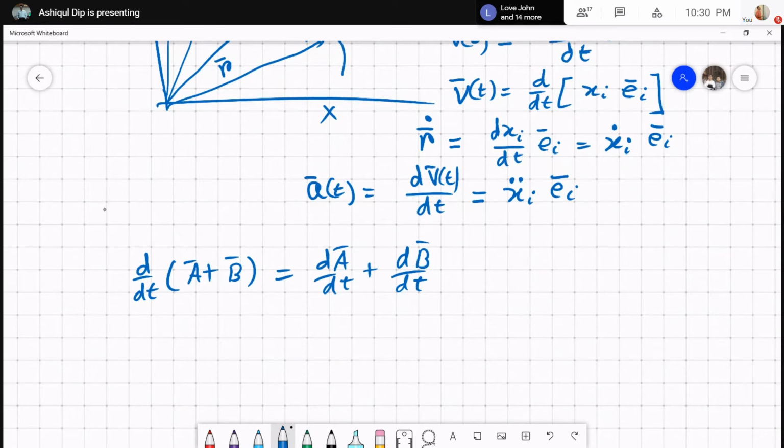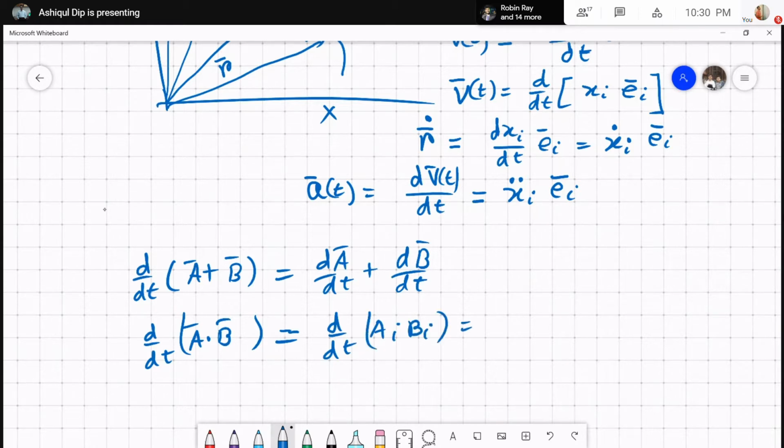If you have d/dt of A dot B, then what happens? The way you prove it is you write A dot B as ai bi and use the product rule, that gives you ai dot bi plus ai bi dot. I'm saying this in the Cartesian representation.